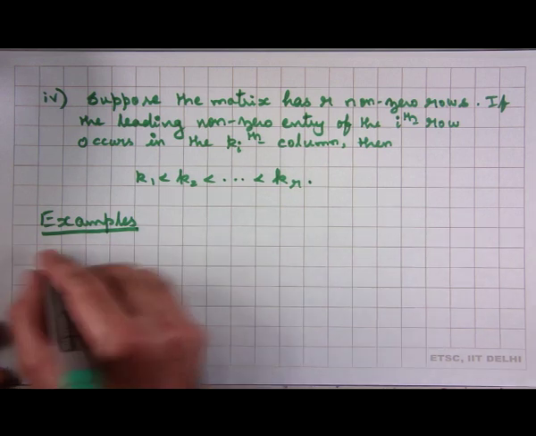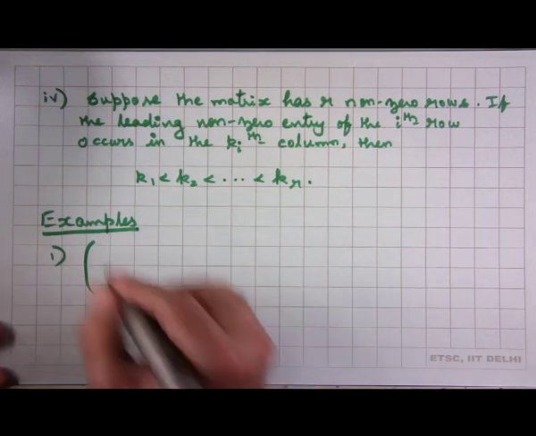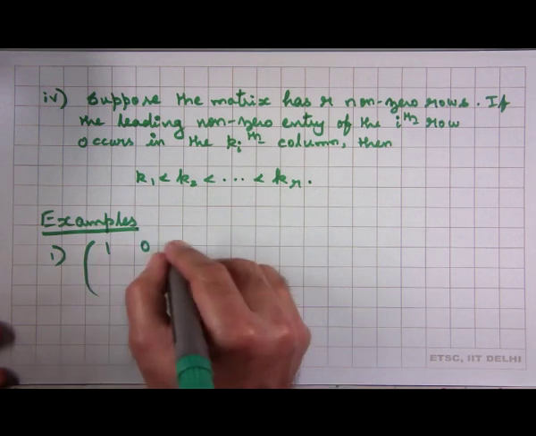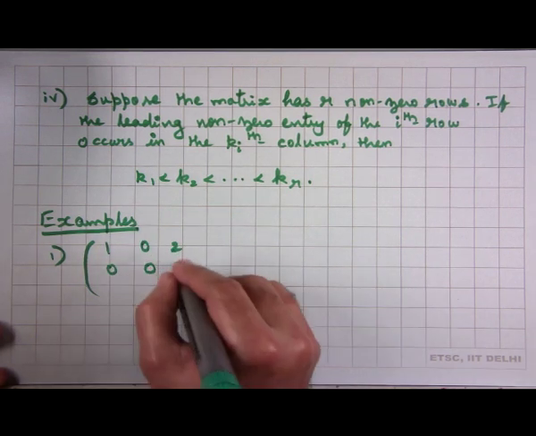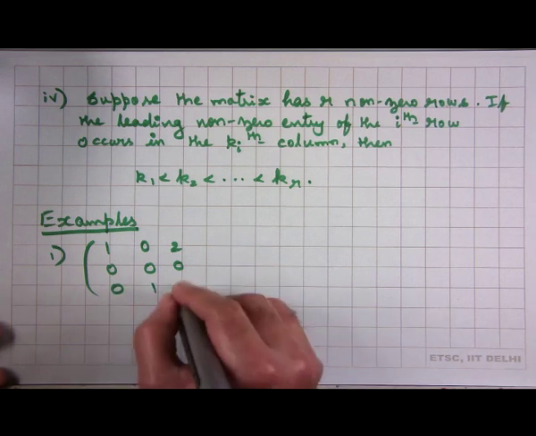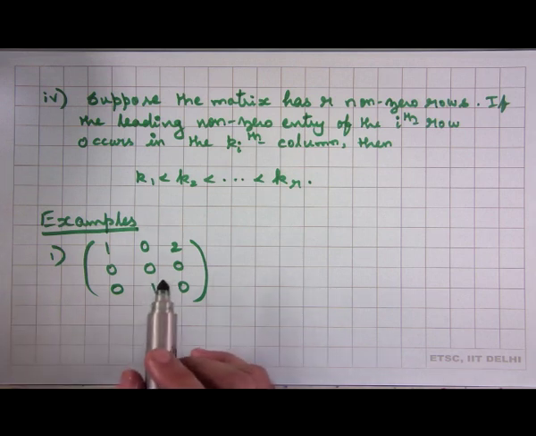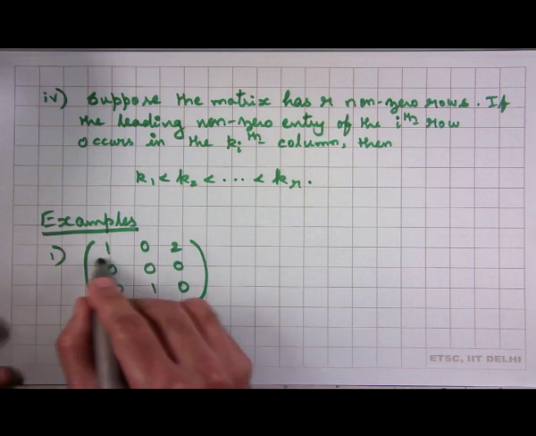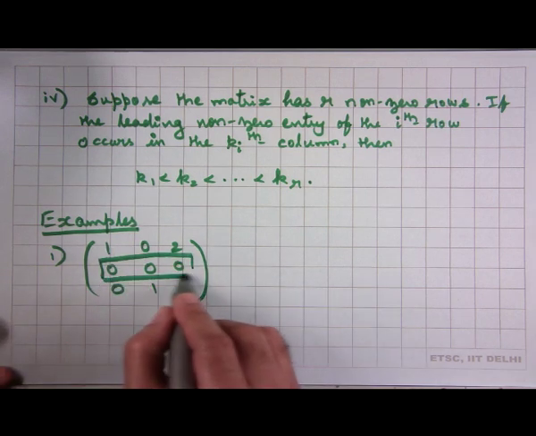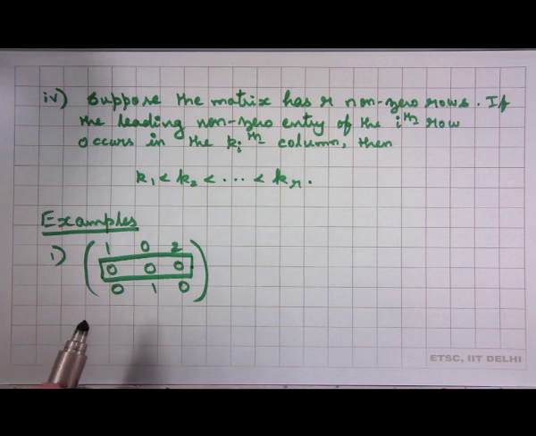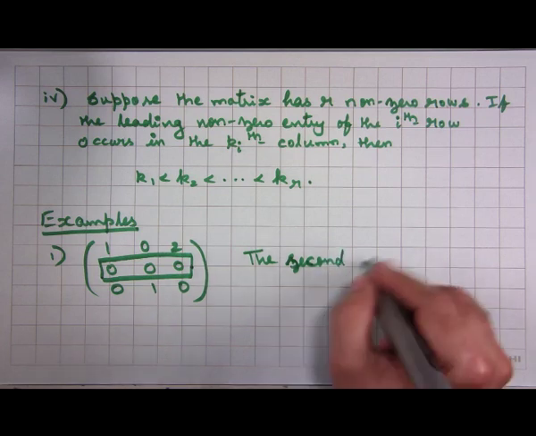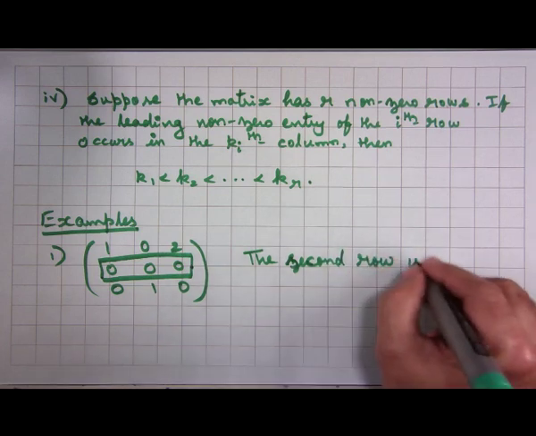First one, let us look at this one: 1 0 2, 0 0 0, 0 1 0. The first condition says that every 0 row is below every non-zero row. So, the second row is a 0 row, but it is above a non-zero row.